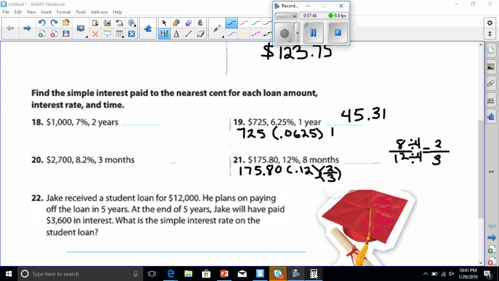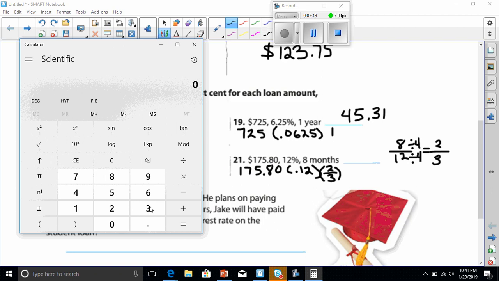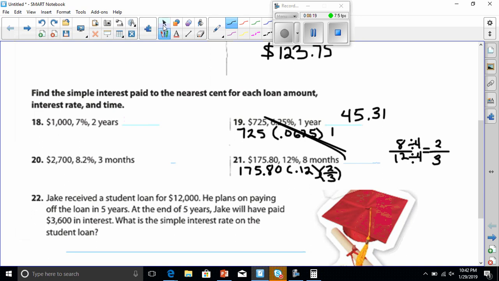So when we go ahead and take 175.80, we multiply that to 0.12, and then we're going to multiply that to 2, and then divide it all by 3. That's going to give me 14.06. $14.06.